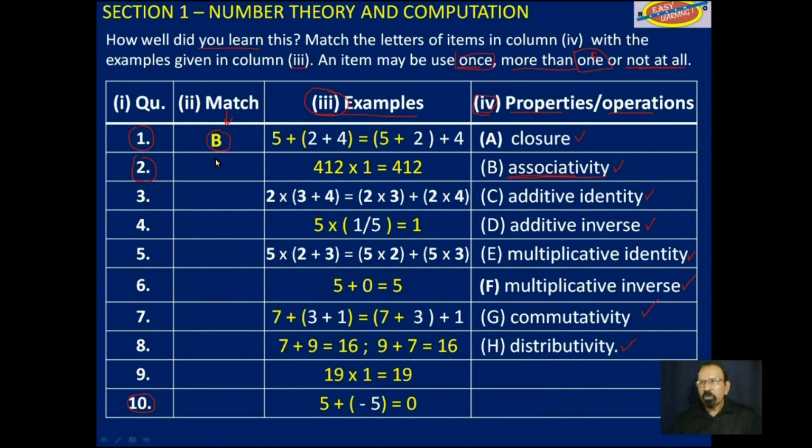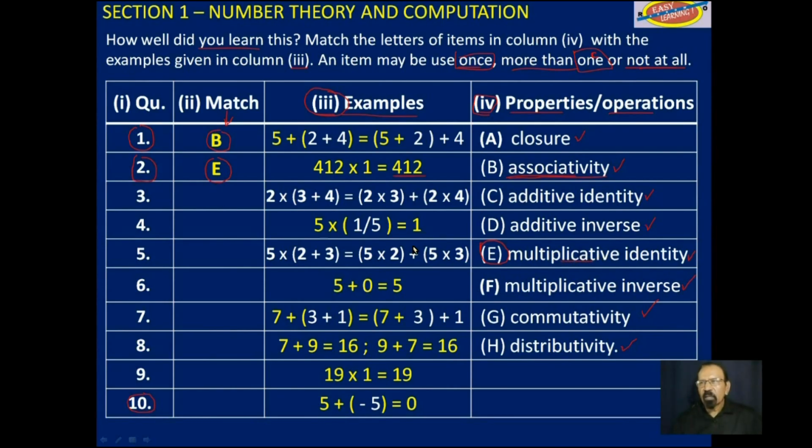Next one, question 2. 412 multiplied by 1 is equal to 412. That one is one of the easier ones. Go through the list and tell me which one it is. It is E, multiplicative identity.